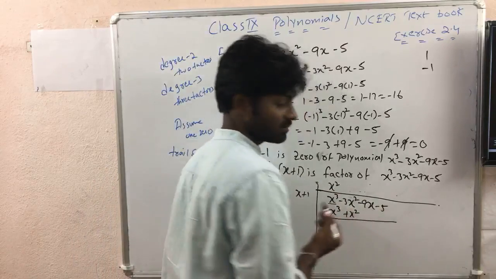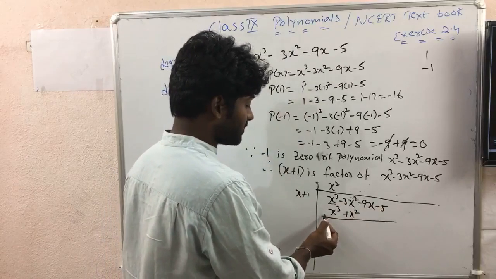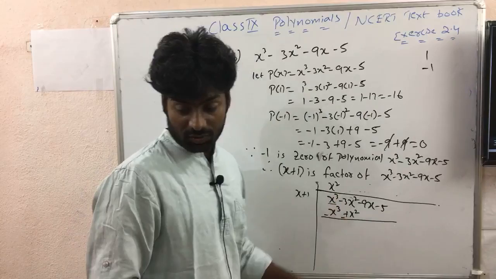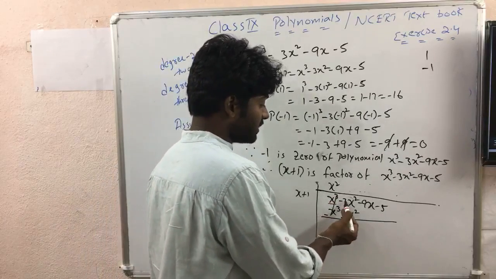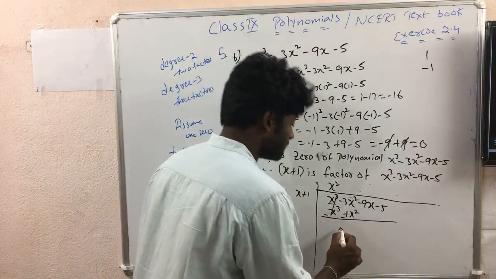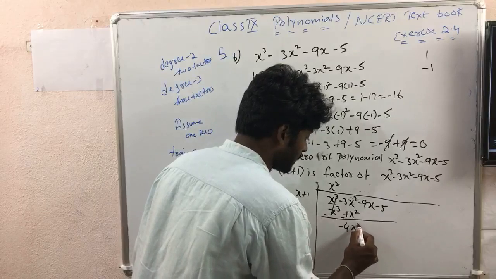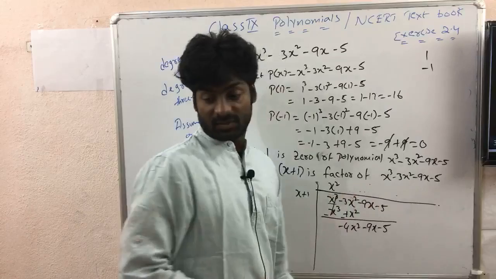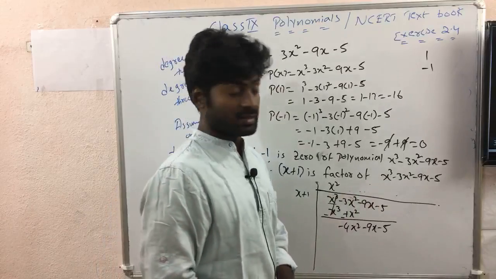Subtract this, so it will be minus here and minus here. x cube minus x cube gets cancelled, minus 3 minus 1 is minus 4 x square, and write them here, minus 9x minus 5.